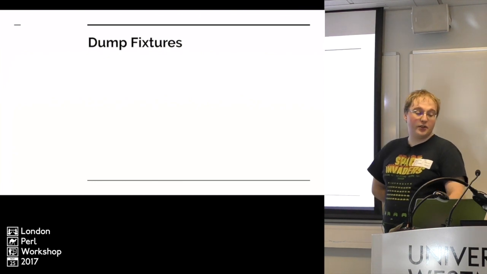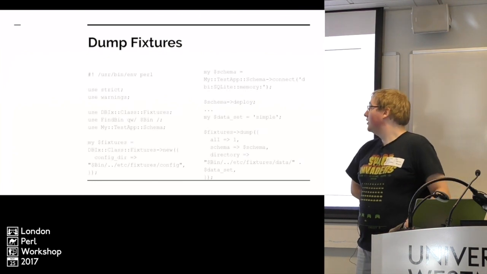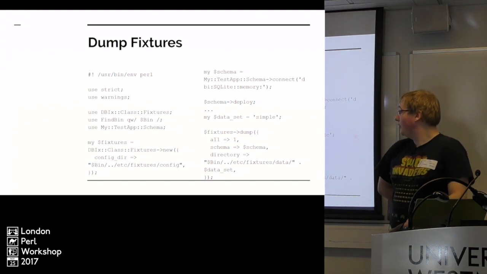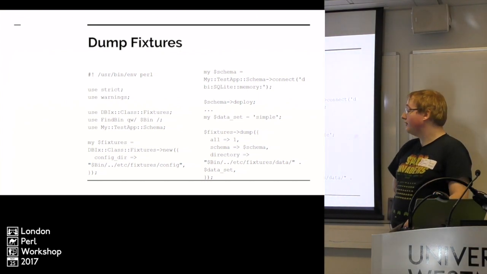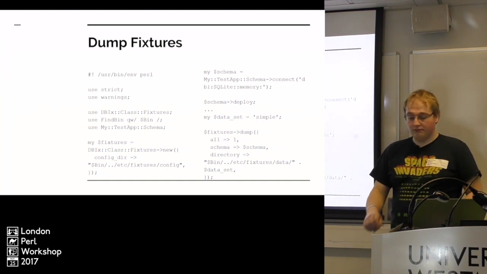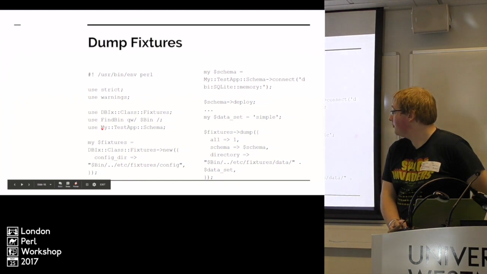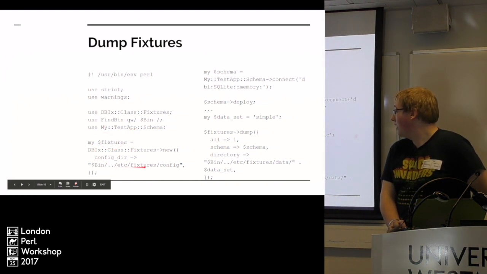So the first bit you need to do is creating your fixtures. So in this, we have a directory for the configs, and a directory for your fixtures, which is just in your current working directory.